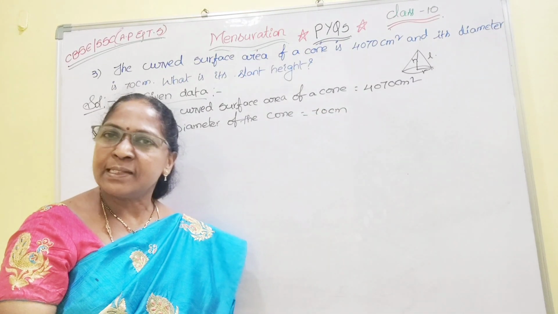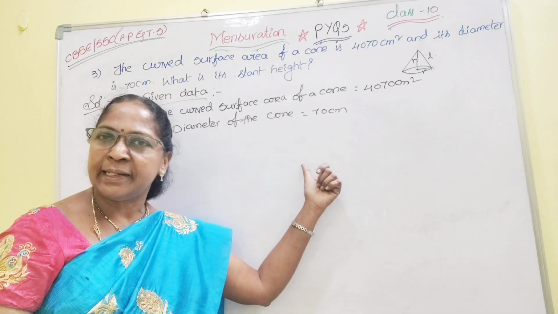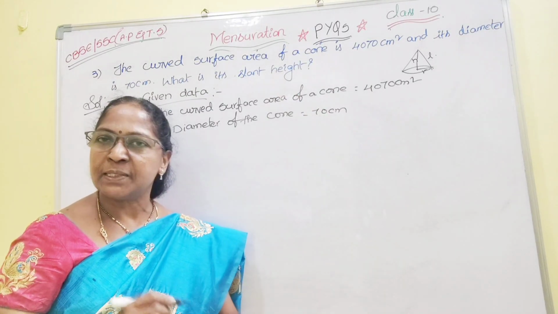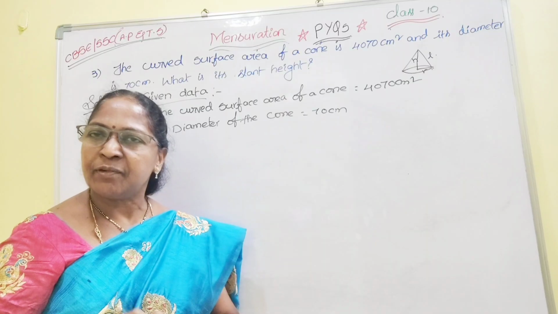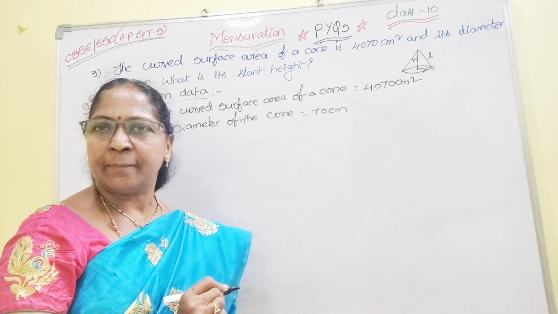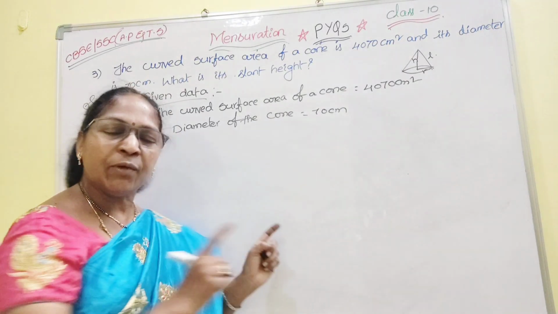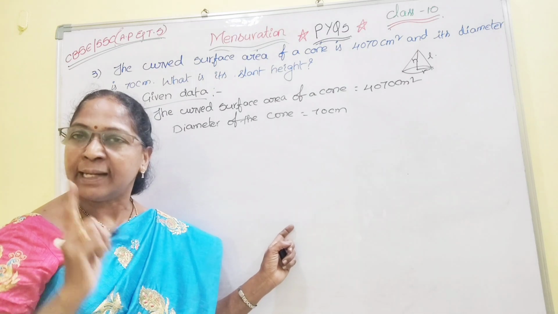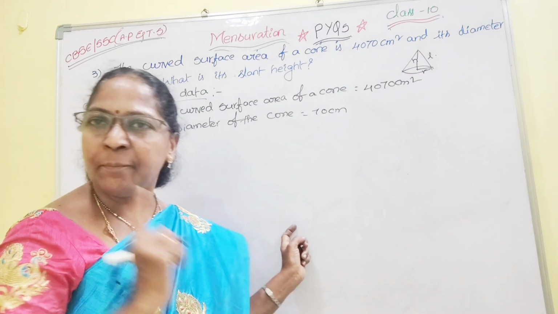Whenever diameter is given, you have to find the radius. In this chapter especially, each and every formula is related to radius only. That is very, very important.